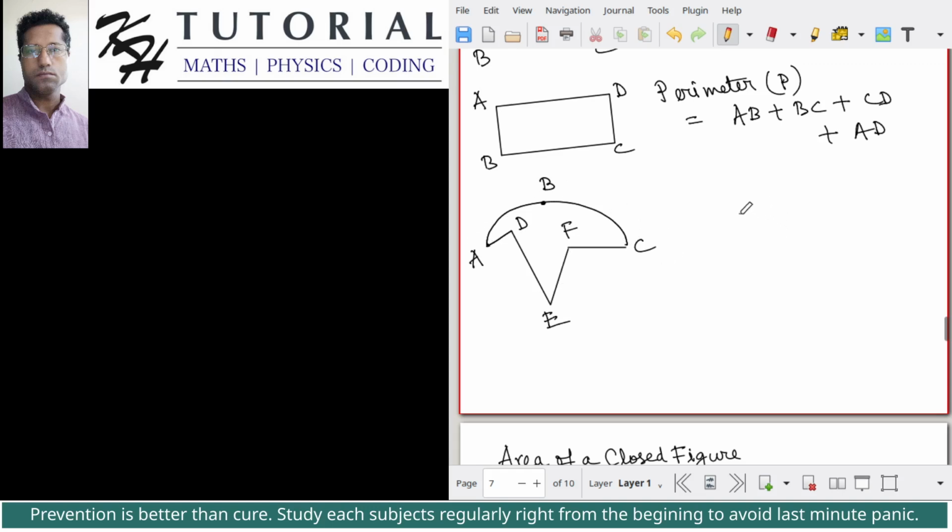So what will be the perimeter of this figure? The perimeter will be the length of the line segments, that is AD plus DE plus EF plus FC, and then the length of the curved line, that is ABC.